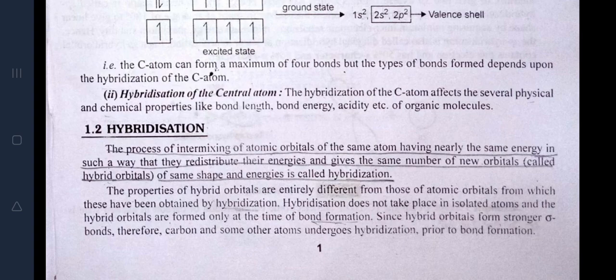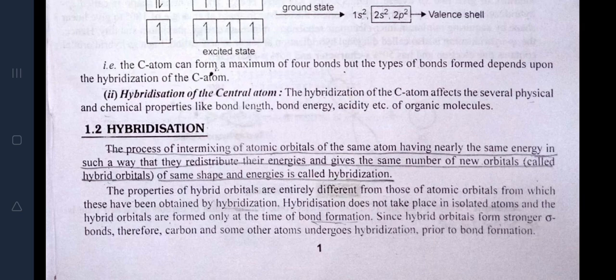The process of intermixing of atomic orbitals of the same atom having nearly the same energy in such a way that they redistribute their energies and give the same number of new orbitals, called hybrid orbitals, of the same shape and energies is called hybridization.